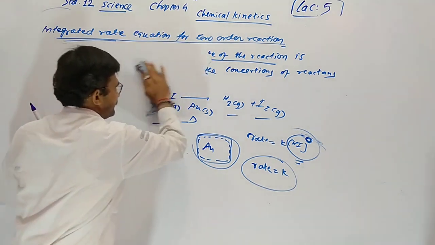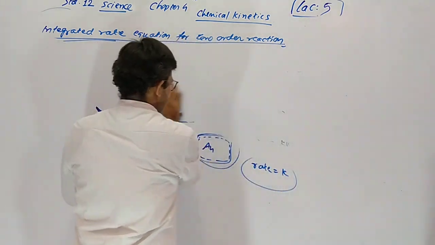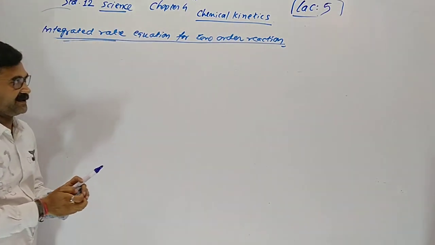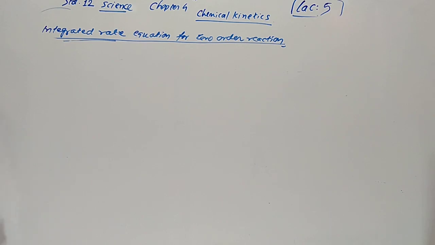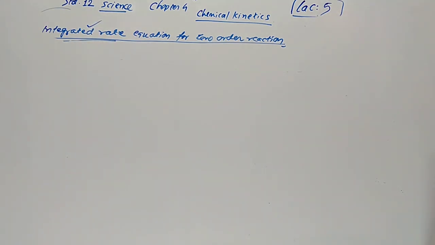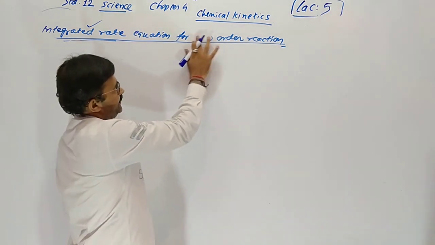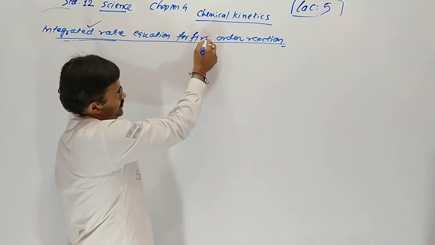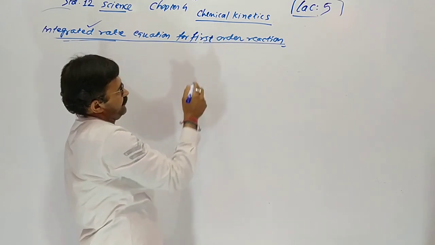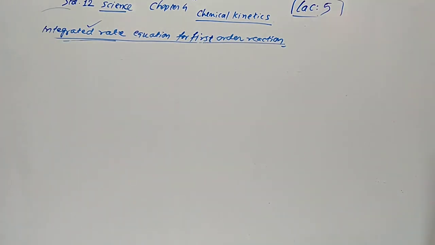When we integrate the differential form of the rate law, the resulting equation is called the integrated rate equation. Now, only two integrated equations are in our syllabus, zeroth order and first order. So we are going to first order.